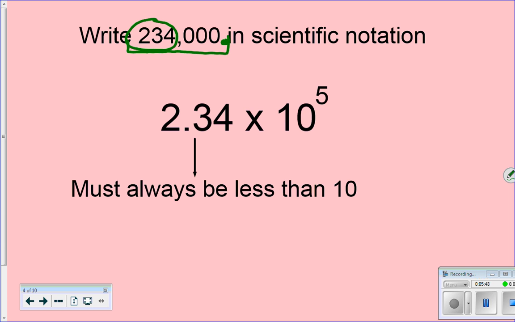Then I'm going to start forming it into scientific notation. My job is to take this number and make it between 1 and 9.9. Where can I put a decimal in this number that's going to make it between 1 and 9.9, Brian? After the 2. Okay, that's where I'm going to start my decimal. So I'm going to put it there.